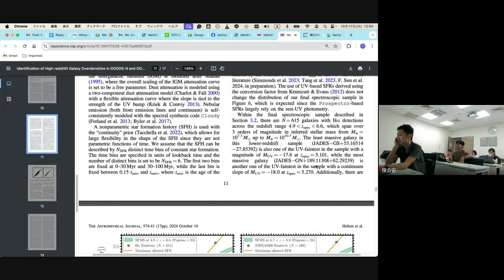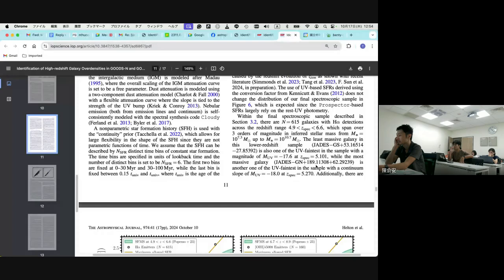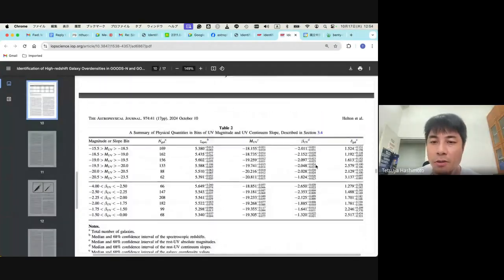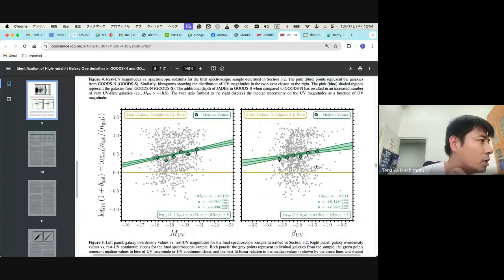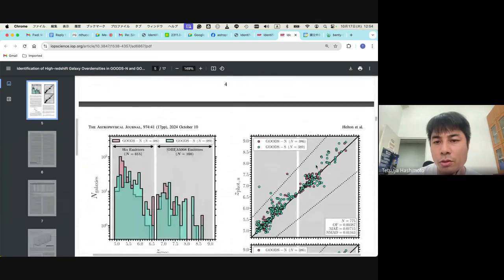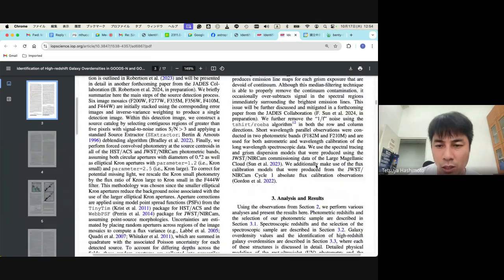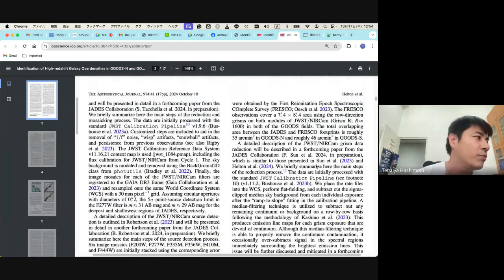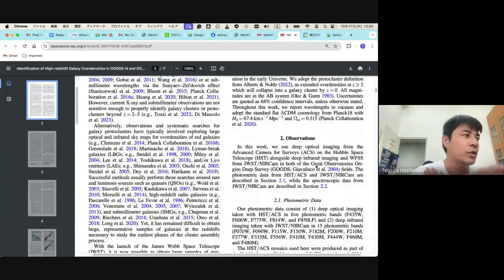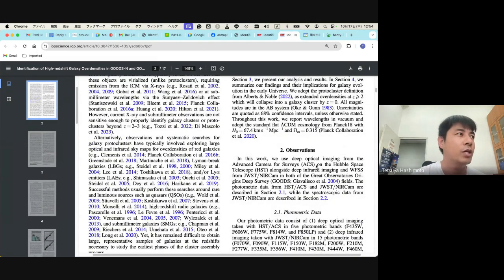Because the overdensity must be related to that. I think basically they are saying this is a protocluster. Usually when people say galaxy clusters, they mean a lot of galaxies, more than 10 or 100, right? But at high z, structure formation has not progressed so much. So the number of galaxies in the overdensity is small, and then they call it a protocluster.